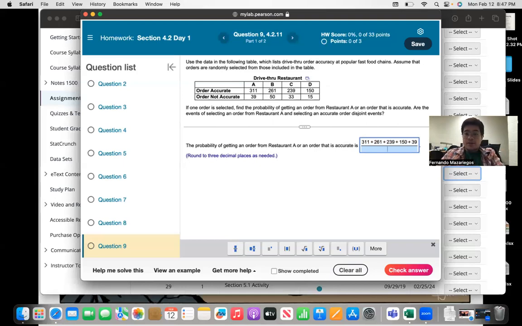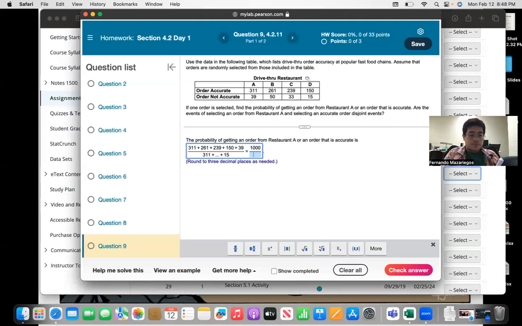So that is the total. So that is 311 plus etc. until 15. So let's calculate this. 311 plus 261 plus 239 plus 150 plus 39. That is 1,000.